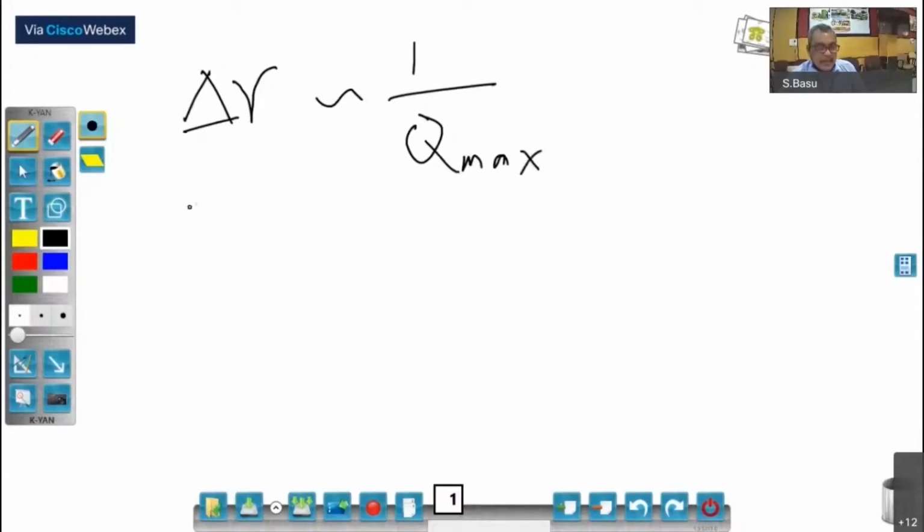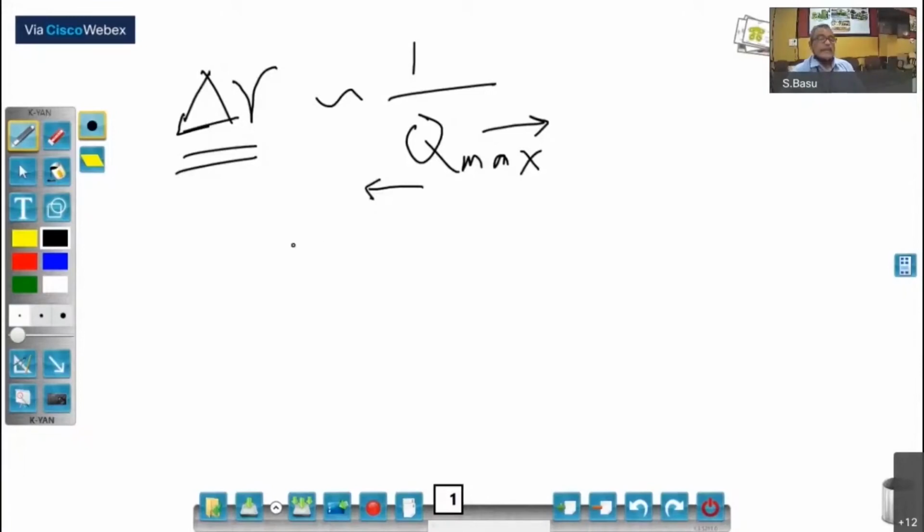Some numbers I might miss. This is what quantum mechanics dictates. So if I want very fine spatial resolution, I have to increase my Q max. If I want to loosen my resolution, that means I want to, in some terms, worsen it, make it broader, then my Q max has to go to the lower side. So this is the generalized way.